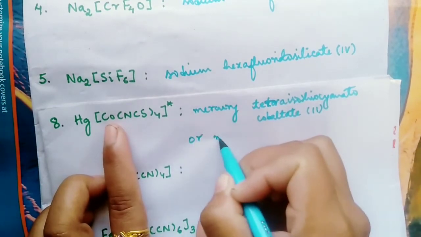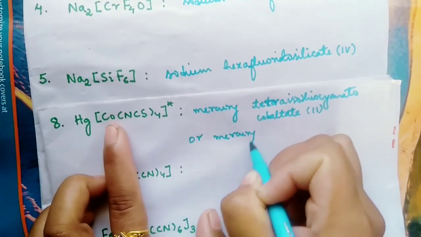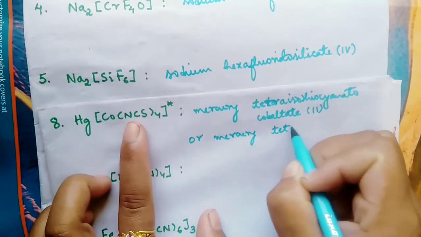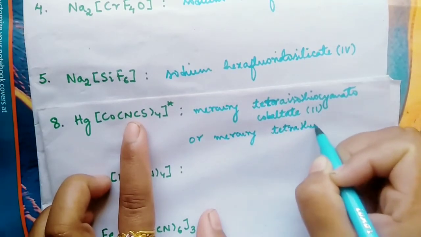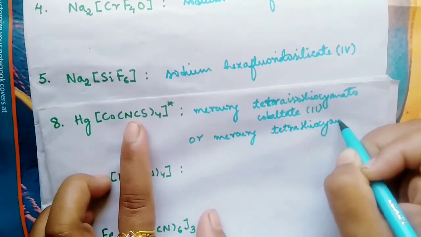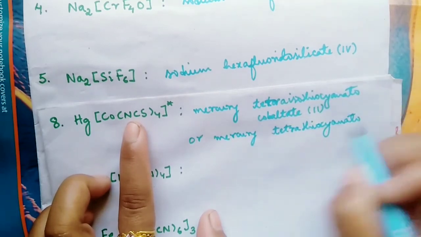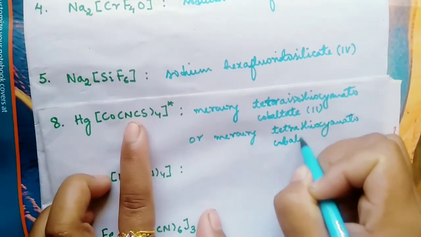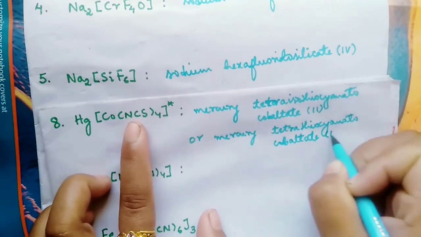Or you can also name it as mercury and then space tetrathiocyanato cobaltate 2.